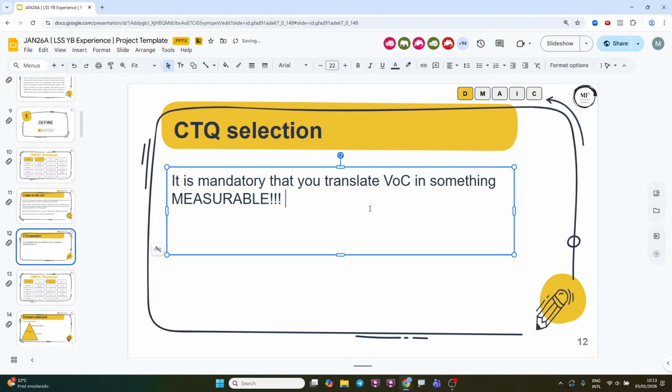We call this critical to quality. And quality in the sense of the customer, so it's really critical to customer. Critical to quality, critical to customer. Yeah?